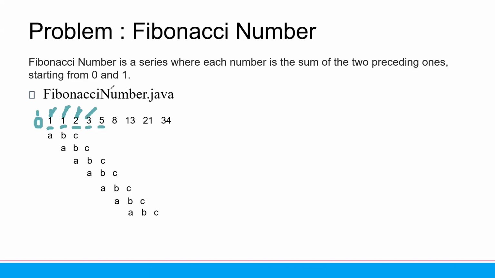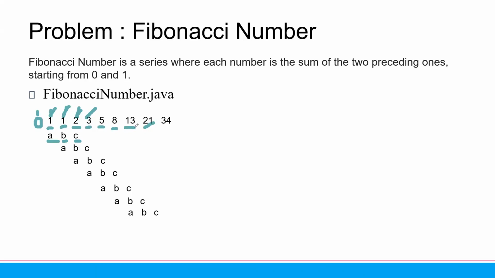So every two numbers will be added and the result will be printed to the next cell. So how can I get 21? It is from 8 plus 13. Okay.